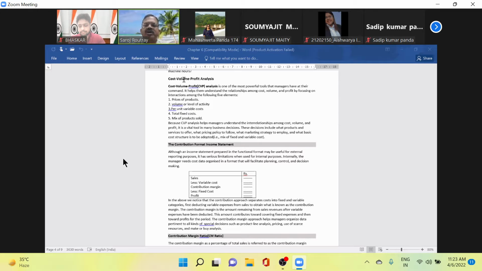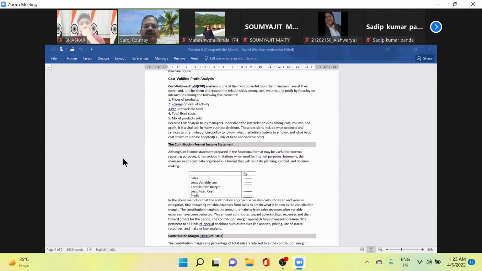That format is called the contribution format income statement. This is a very important format, used as a tool for decision making. Various kinds of decisions you can take, like break-even sales. What is the break-even sales?